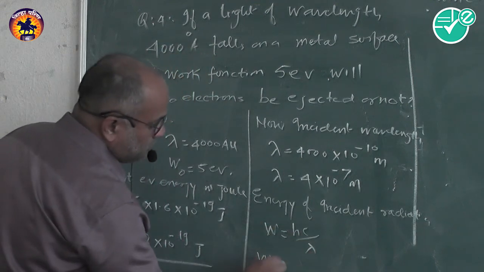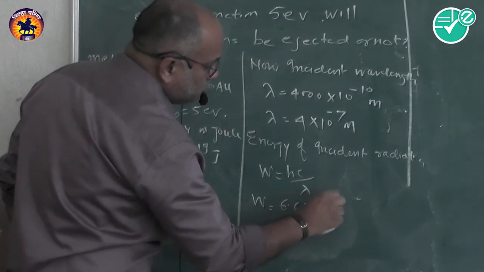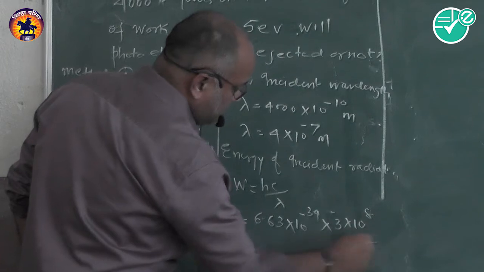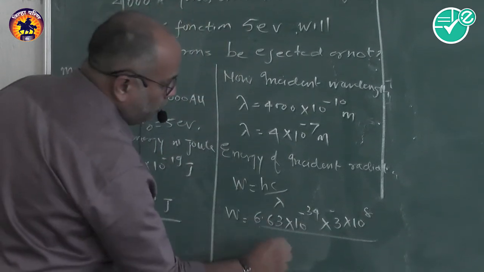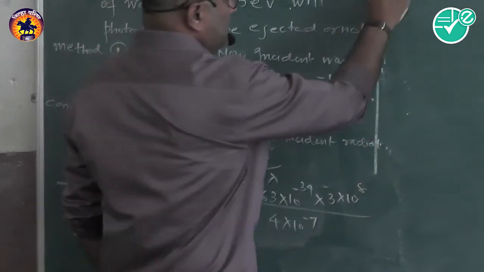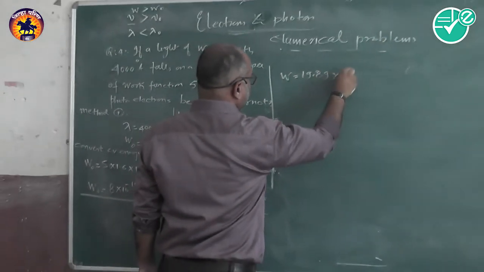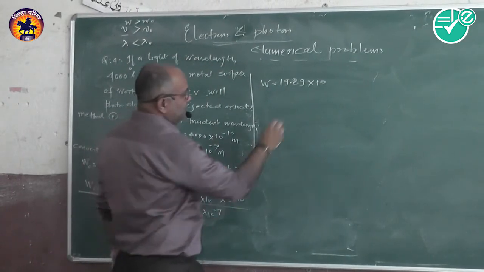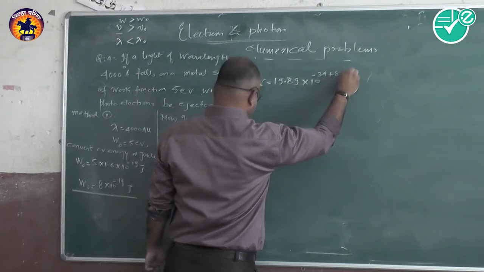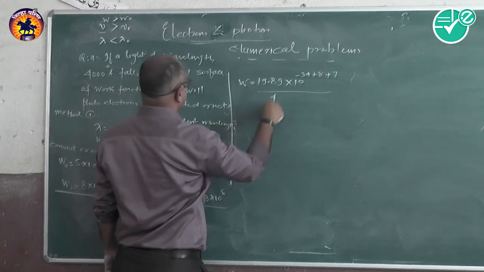So W is equal to 6.63 into 10 raised to minus 34 into 3 into 10 raised to 8 upon 4 into 10 raised to minus 7. So W is equal to 19.89 into 10 raised to minus 34 plus 8 plus 7, divided by 4.